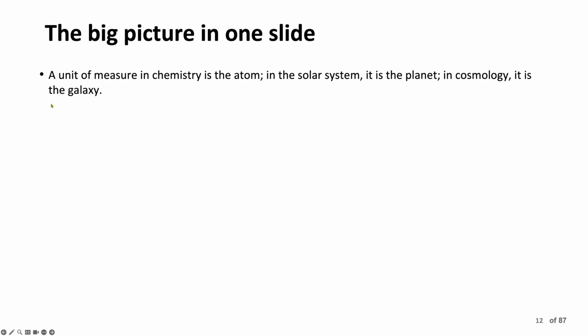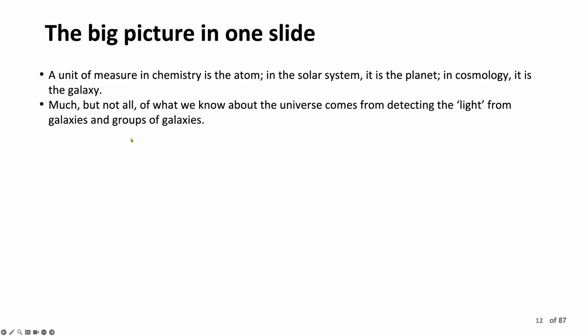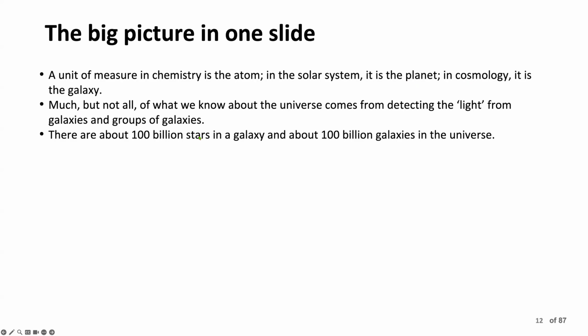In cosmology, it's galaxies. And we're going to talk a lot about galaxies, their formation and their dynamics. And we have to, because a tremendous amount of what we know about the universe comes from galaxies and groups of galaxies called galaxy clusters. We'll get into this in more detail.